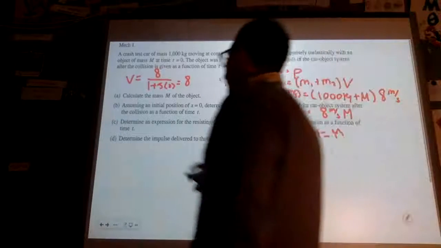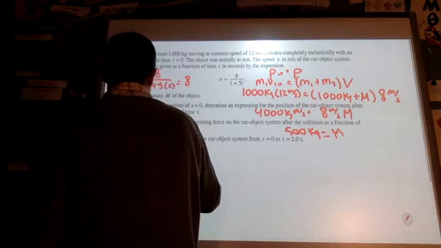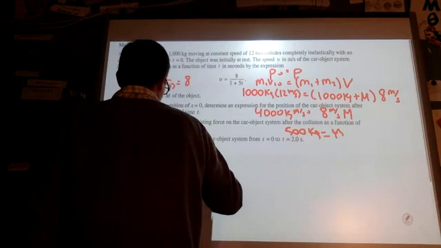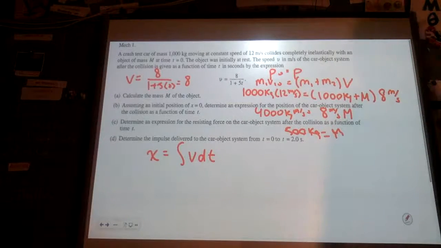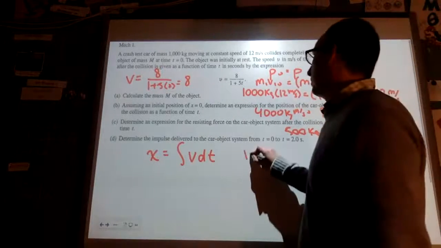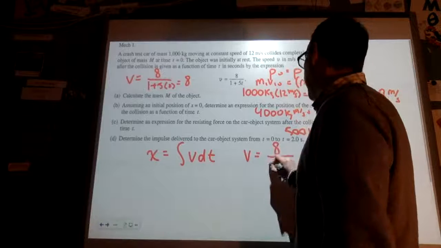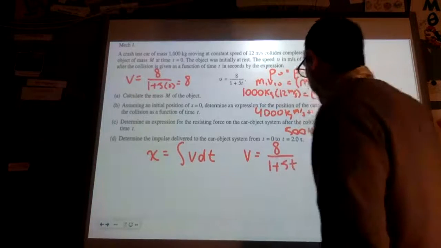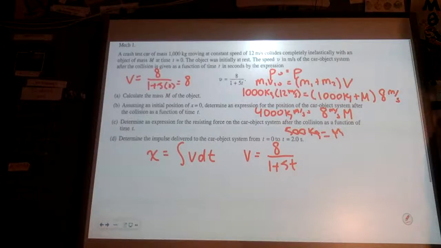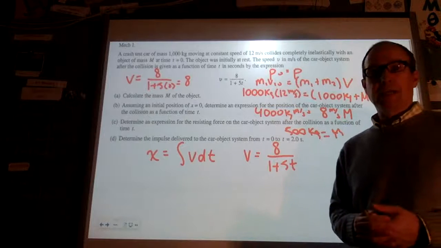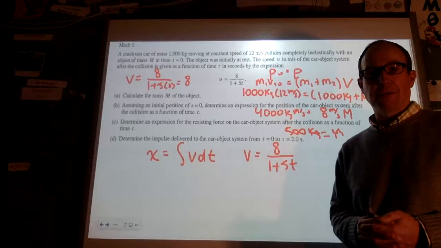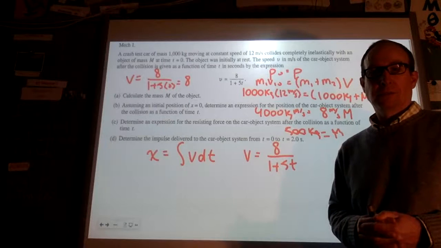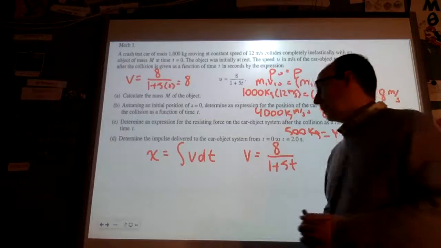So I want to get x, the position. This is going to be the integral of the velocity function with respect to time. So this is my velocity function, which doesn't seem to be fun to deal with. So I'm going to make a u du substitution.